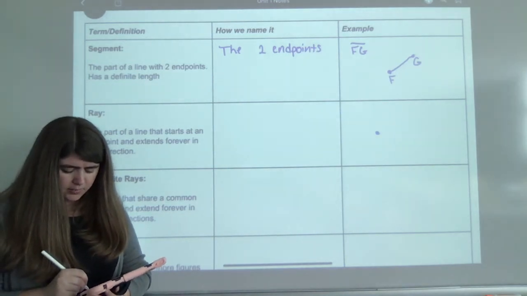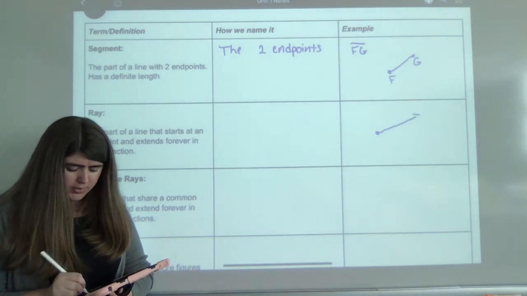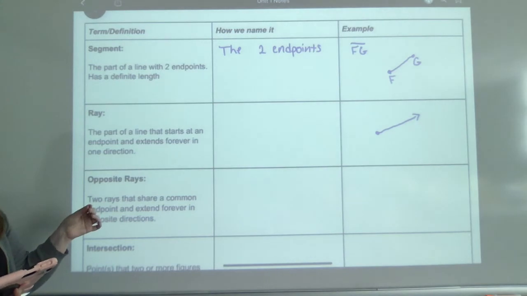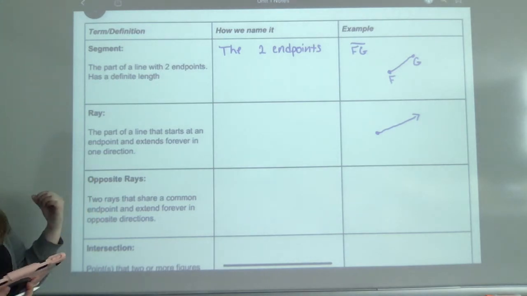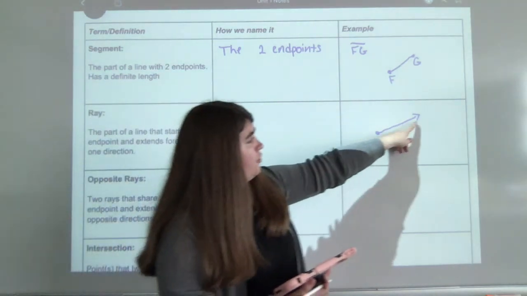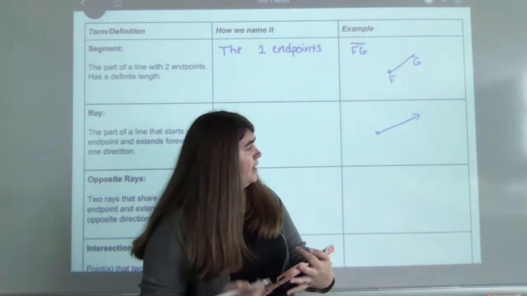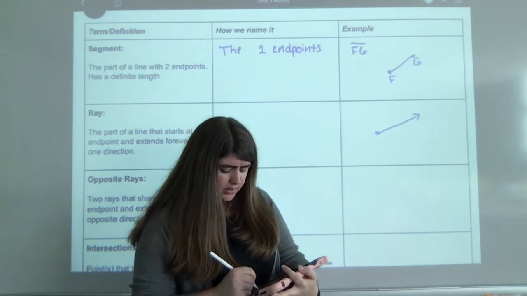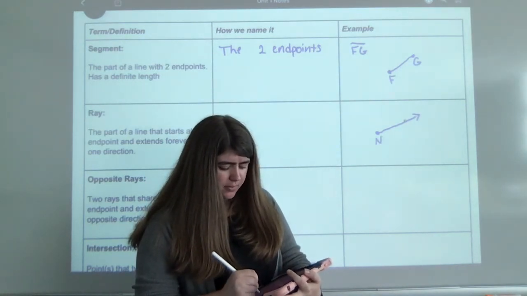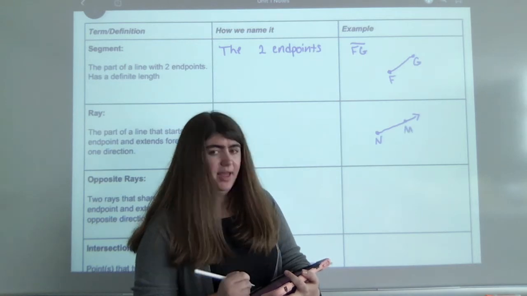And then I'm going to draw an arrow pointing off in one direction. And that arrow is the ray in and of itself. It starts at the endpoint and it continues forever. I'm going to name my endpoint. Let's name it N. And I'm going to put another point on the ray and I'm going to call that M.